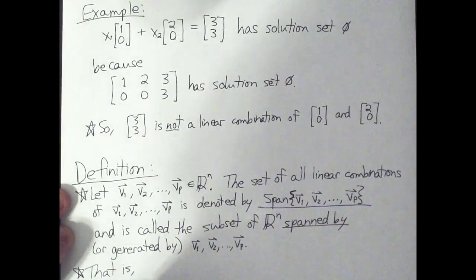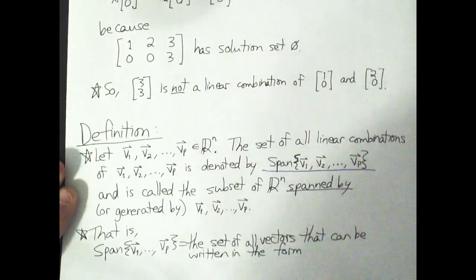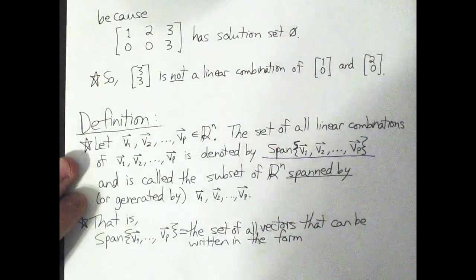Okay, so the span of V1 through Vp is equal to the set of all vectors that can be written in the form, I want to say all linear combinations.